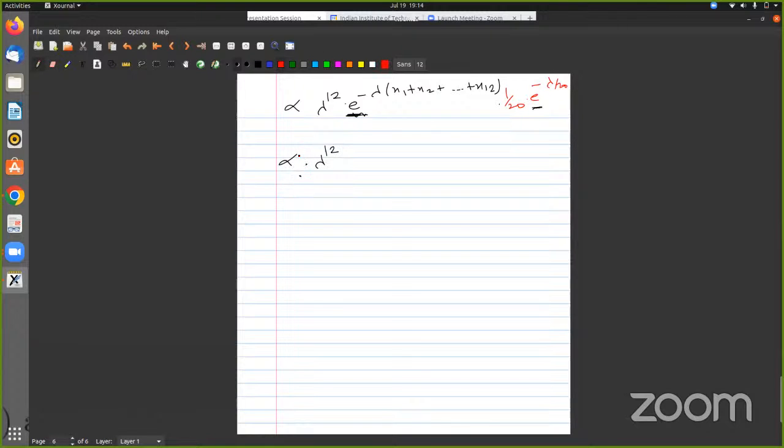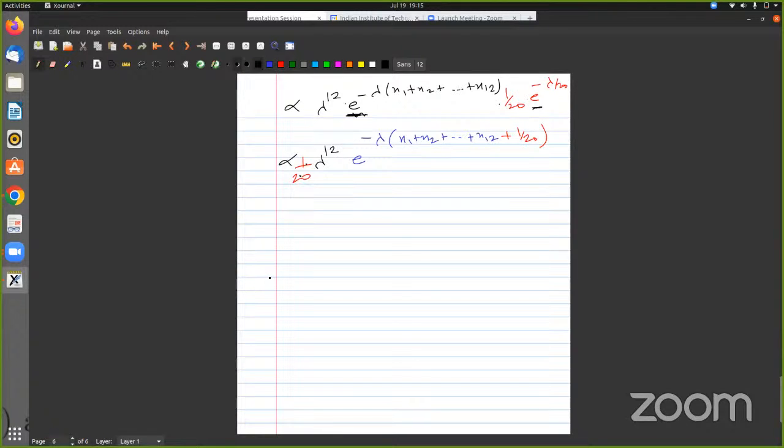Now I can write e to the power minus lambda into x1 plus x2 to x12, and this is also minus lambda by 20, right? So I can take common minus lambda and add 1 by 20 here.